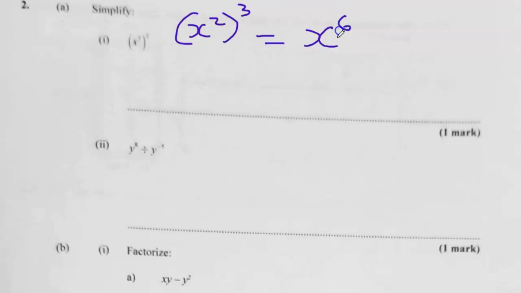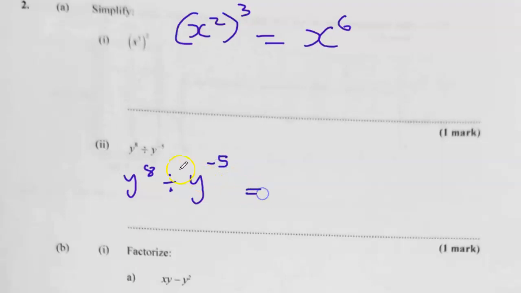This is poorly written. Let me just rewrite the problem since this is not so clear. So we're asked to calculate x squared all cubed. And the law of indices says we can just multiply the powers, so that's x to the power of 6. This one is y to the power of 8 divided by y to the power minus 5.